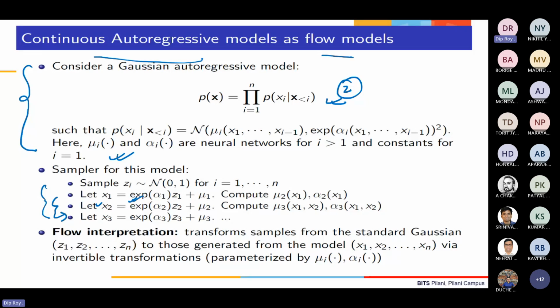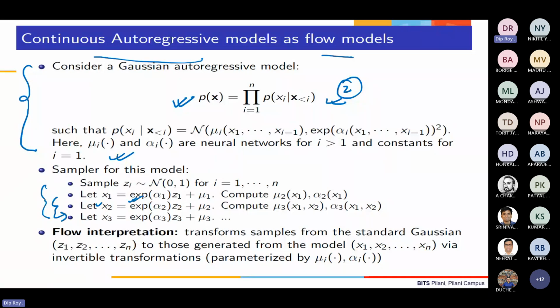Okay. So essentially what is happening is, in this particular case, you had a model which was only dependent on x. Here you have a model which is also autoregressive, but it has that element of z as well. So each time you are sampling z, you are scaling and shifting the z using the output that has come via the neural network.